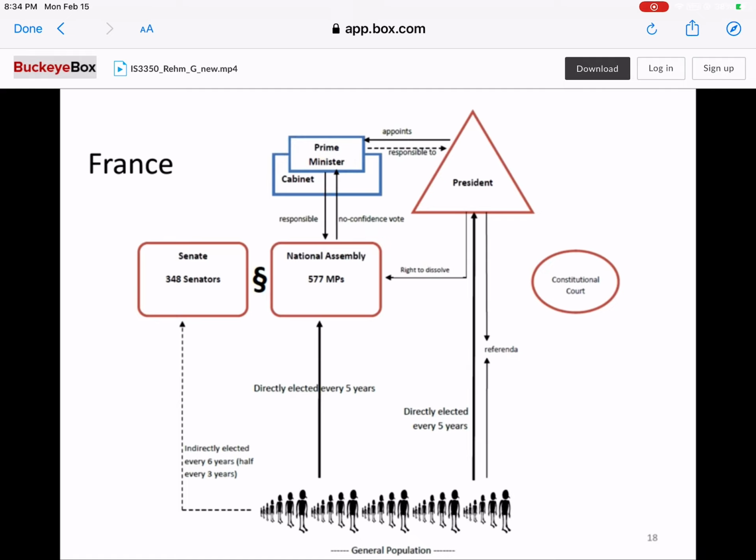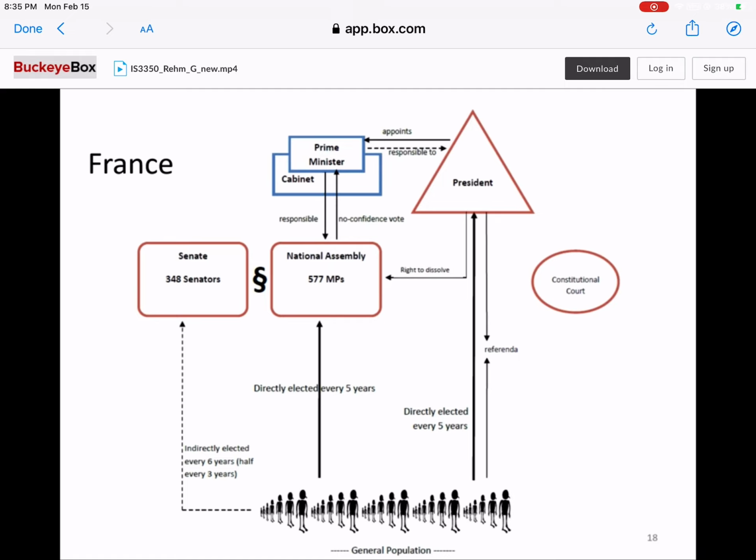But in this case, if the president and the prime minister are from the same party, because the National Assembly is of the same party as the president, the role of the prime minister in this political system is not particularly powerful. In fact, in this case, the president is basically in charge of most important decisions and is doing both domestic policy and foreign policy.